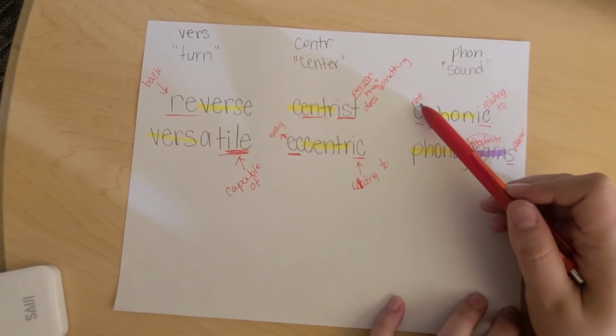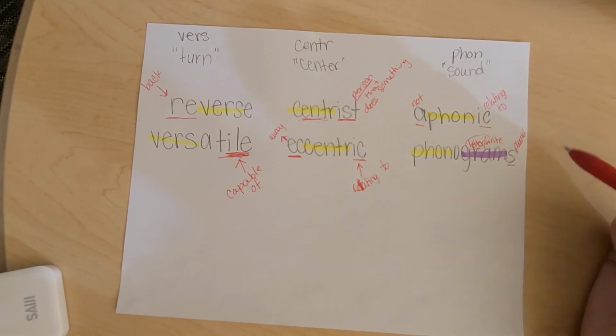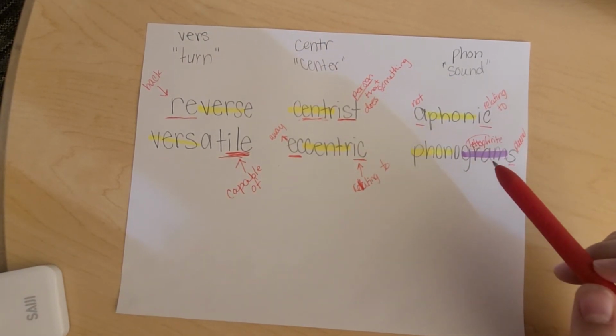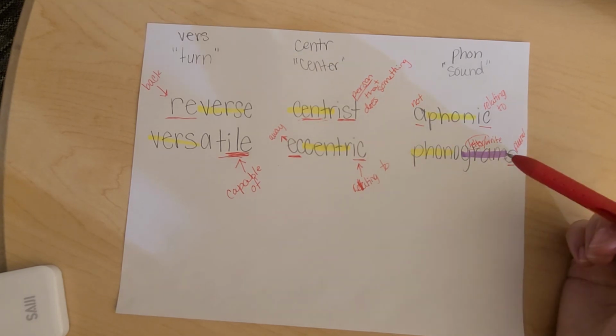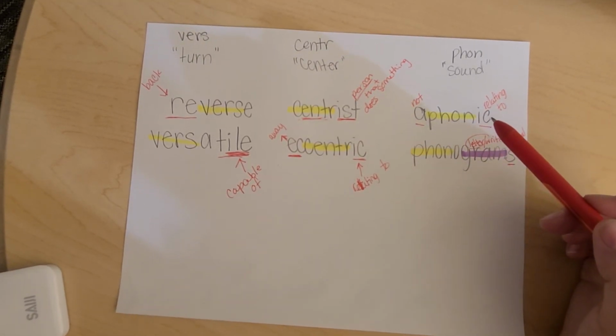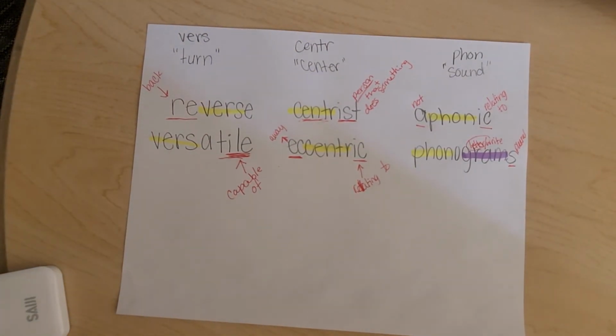But I can notice that it's not related to sound, and then find the actual definition that makes sense. So if I came across this word in a text or in some sort of reading, I could probably figure out, based off of this and the context clues around the word, the meaning in that sentence.